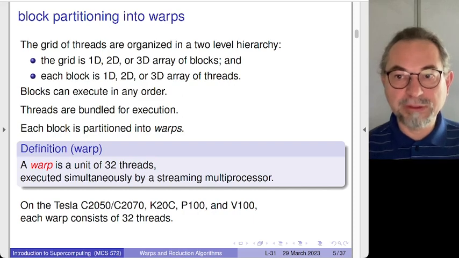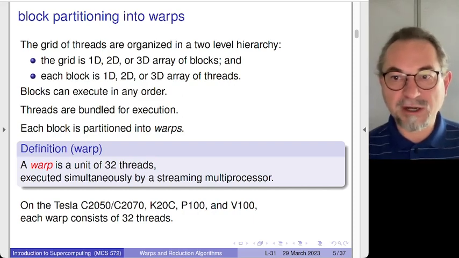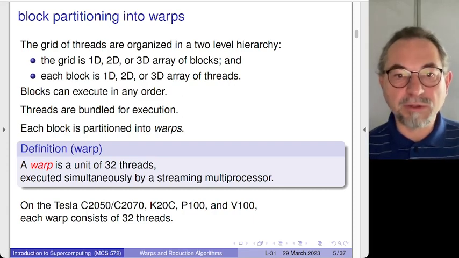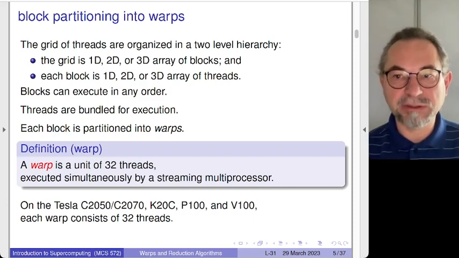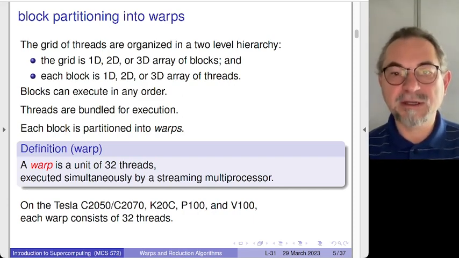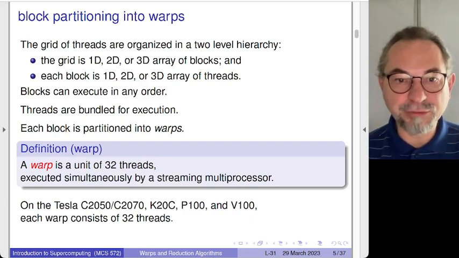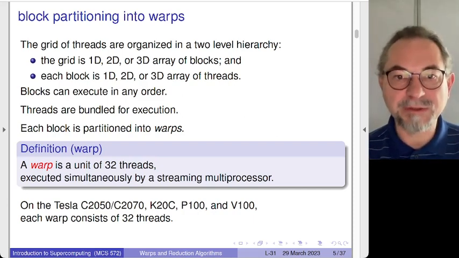It's up to the warp schedulers how this gets executed. So what is now a warp? A warp is a unit of 32 threads. So typically we will organize our blocks in multiples of 32. The warp size has been very consistent among the high-end GPUs. It always has been 32.